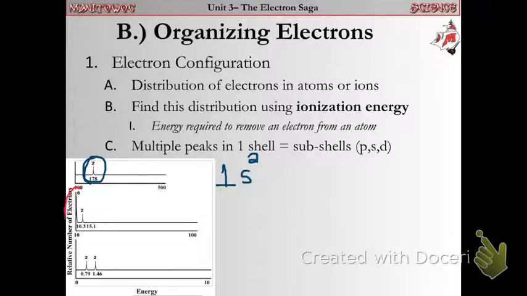If we go down to the second area now, we are now in the second energy level. The first electrons that we need to account for are the ones with the highest energy. That's these guys right here. So those are in S because we can only fit 2 inside there.